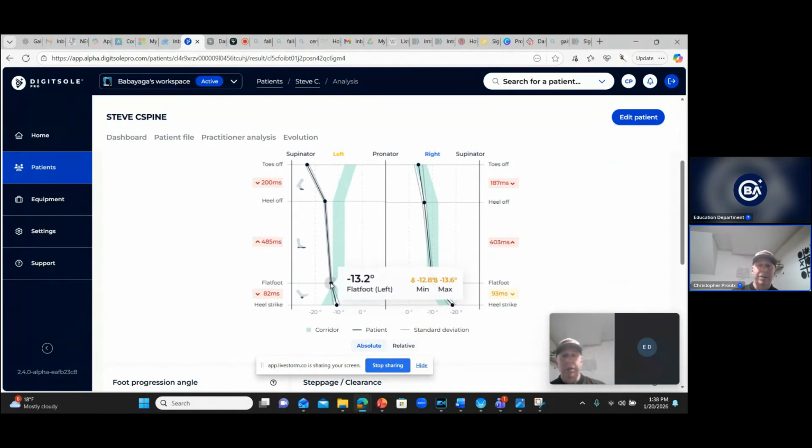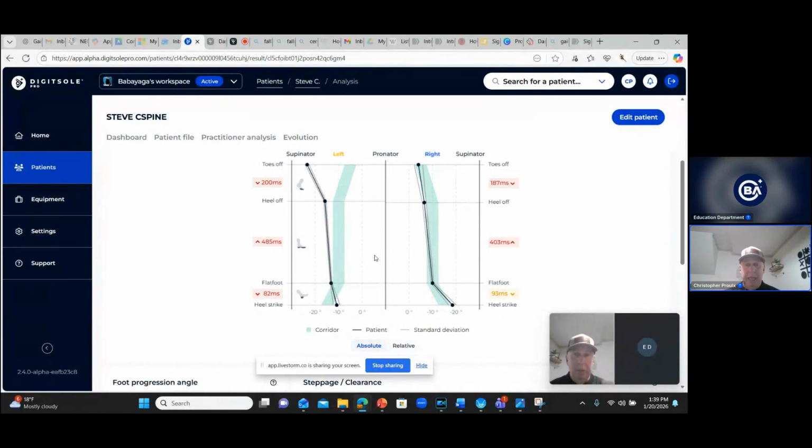And then you'll notice it says min and max. That's actually the standard deviation, not min and max from a statistical standpoint. And so what we see here is those thin lines, that's the standard deviation. They're really tight, very, very tight. And we often see that in people that are extremely good at or comfortable with a particular movement pattern.